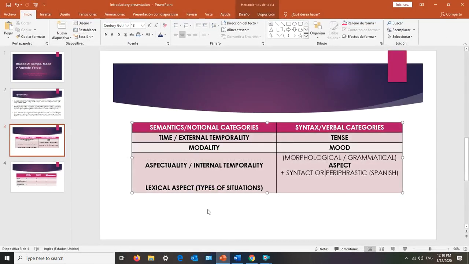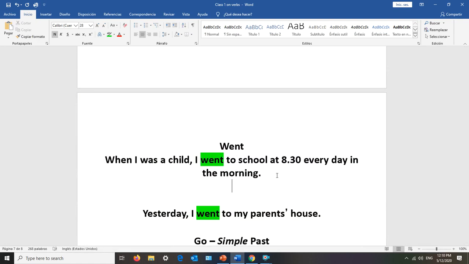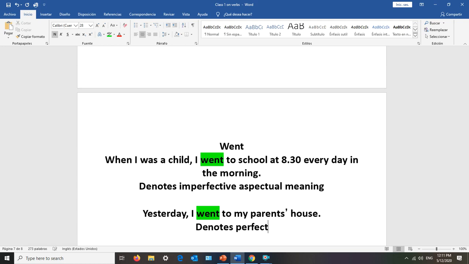But in terms of the internal temporality, this aspectuality, this semantic side to the analysis of verbs, this went is different from the second one, in that this went denotes imperfective aspectual meaning, in contrast to the second one denoting perfective aspectual meaning.